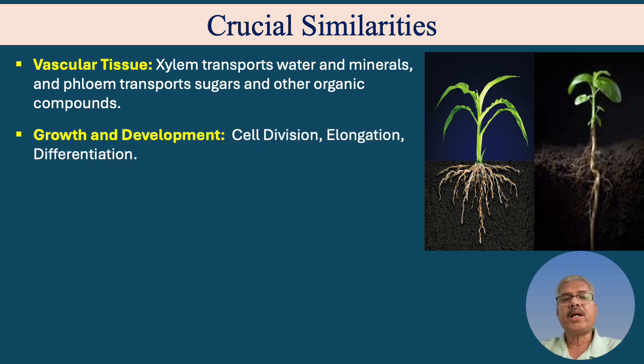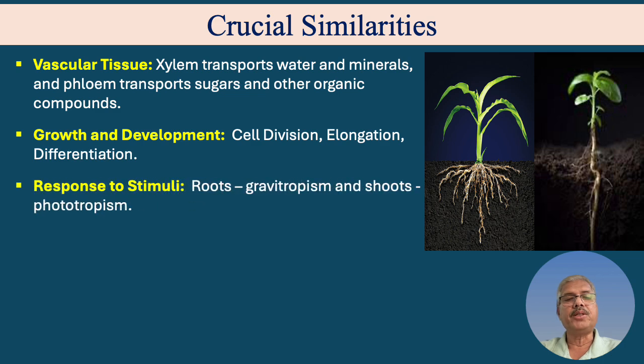Both systems exhibit growth and development through cell division, elongation, and differentiation. They are influenced by plant hormones which regulate growth and development. Both systems respond to environmental stimuli such as gravity, light, and water availability.